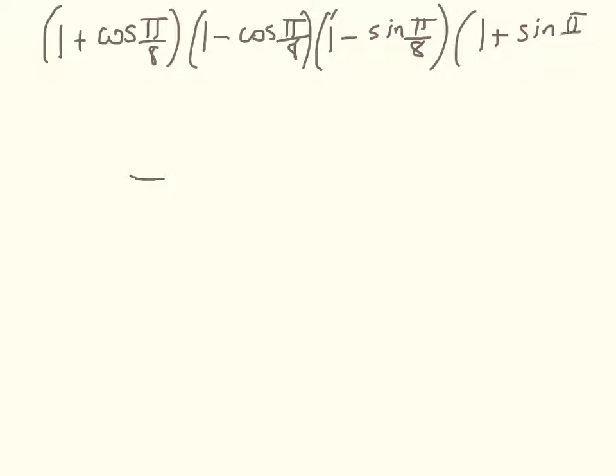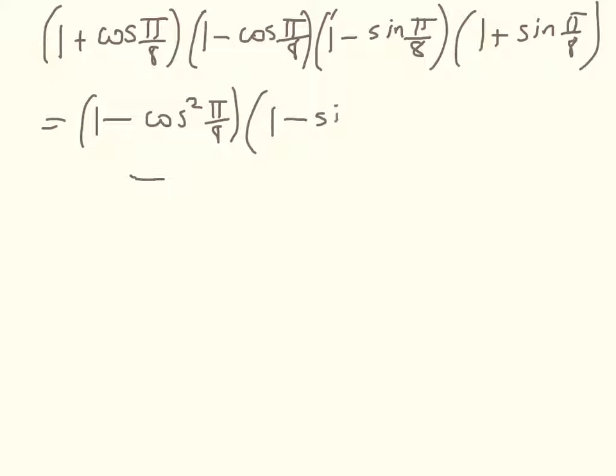Right, I should start to get a little bit excited at this point, because I've gone from that awful thing at the start to having the product of two differences of two squares. So I've got 1 minus cos squared of pi on 8 times 1 minus sine squared of pi on 8.